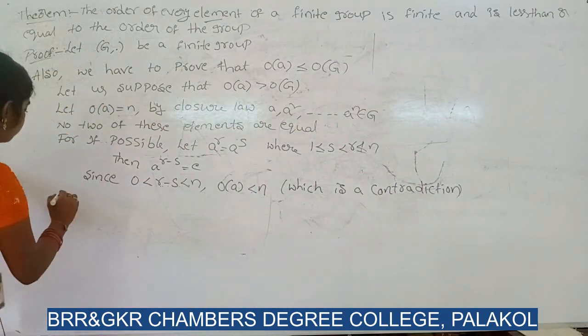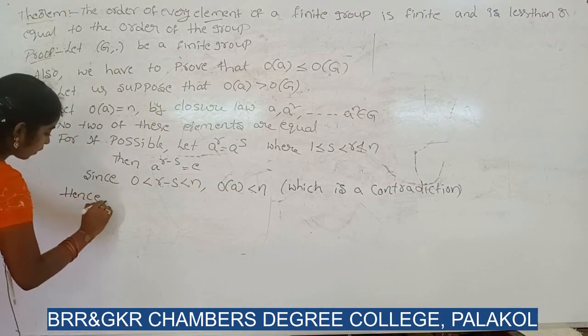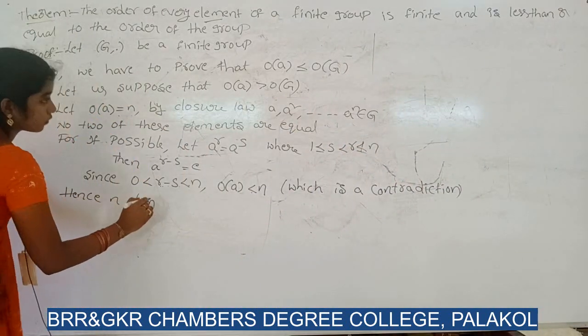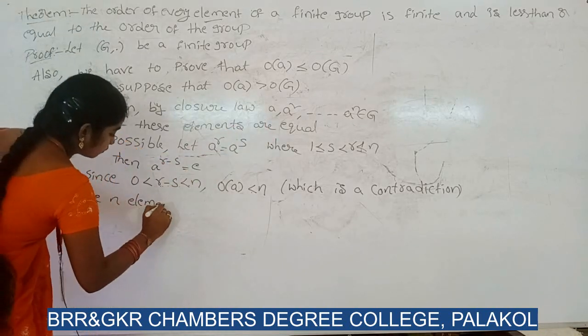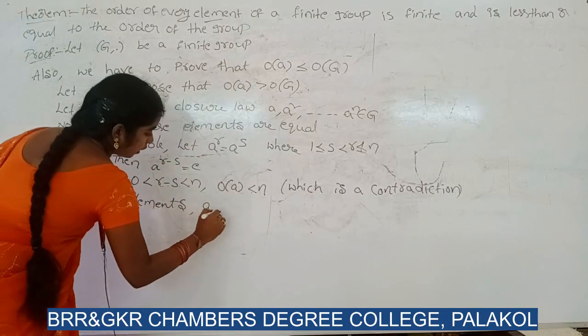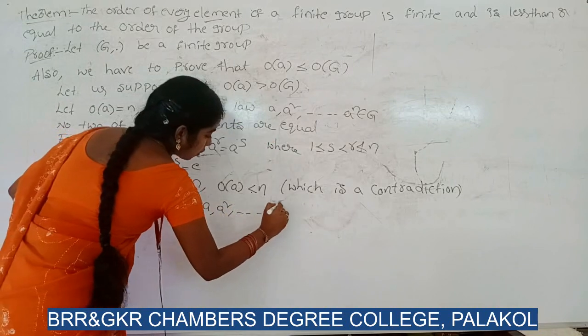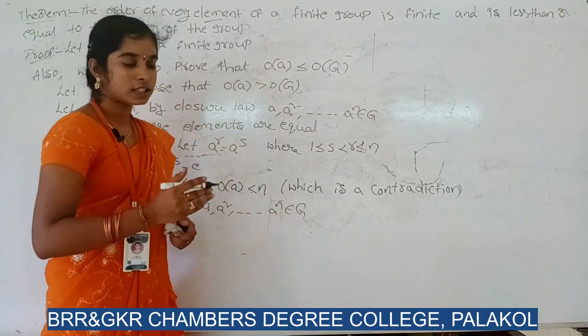Hence the n elements a, a square and so on, a power n belong to z and are distinct elements of z.